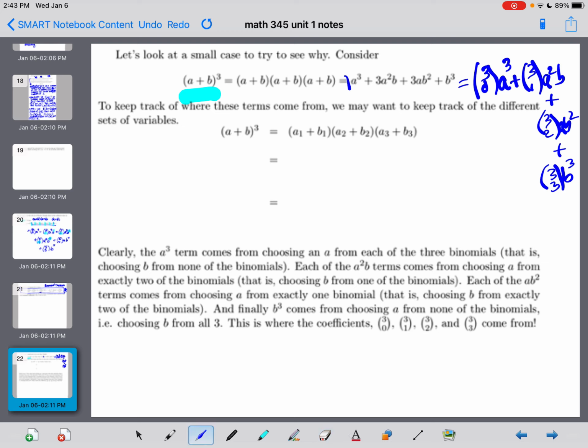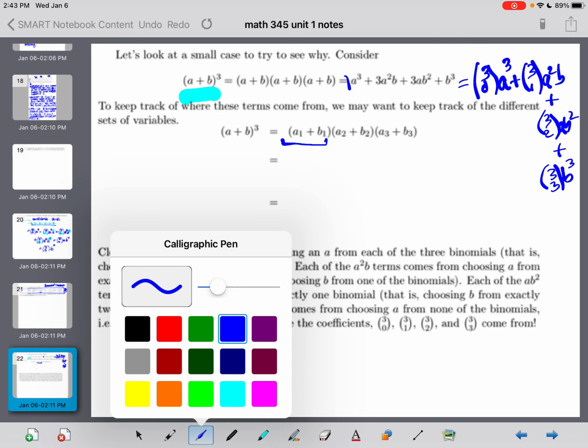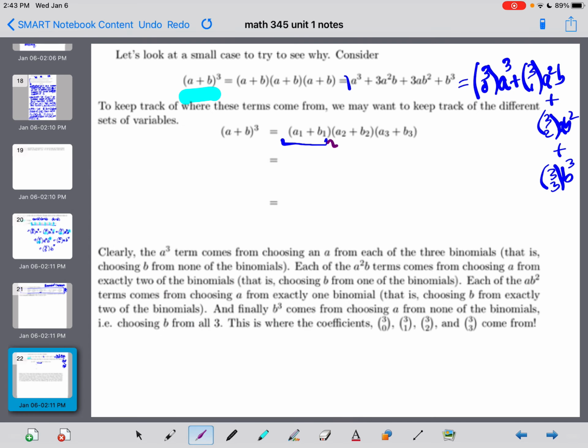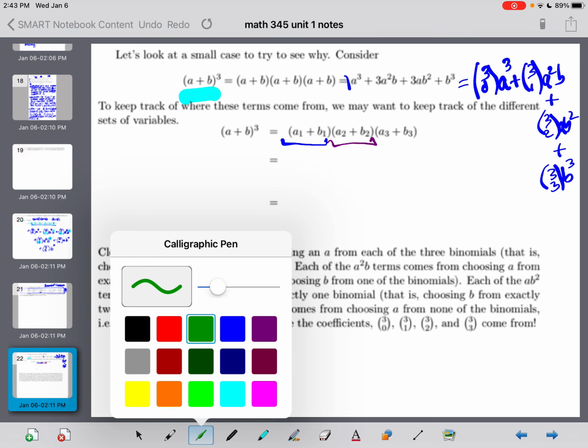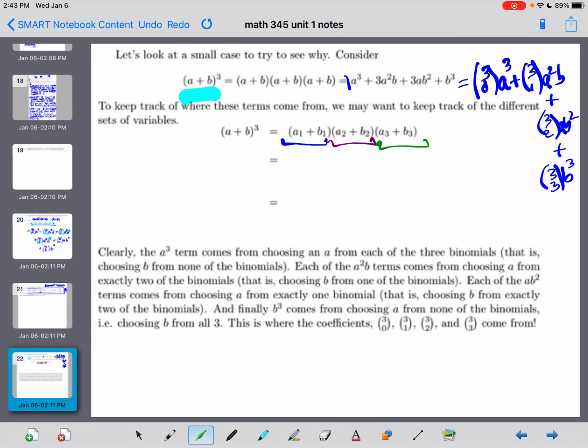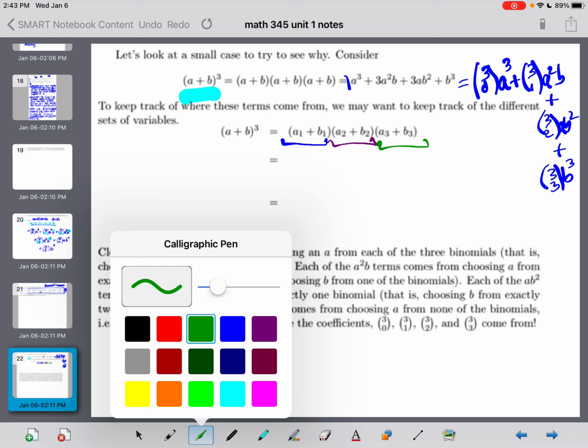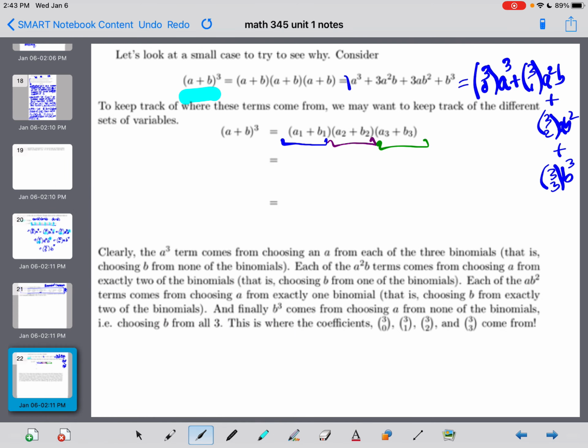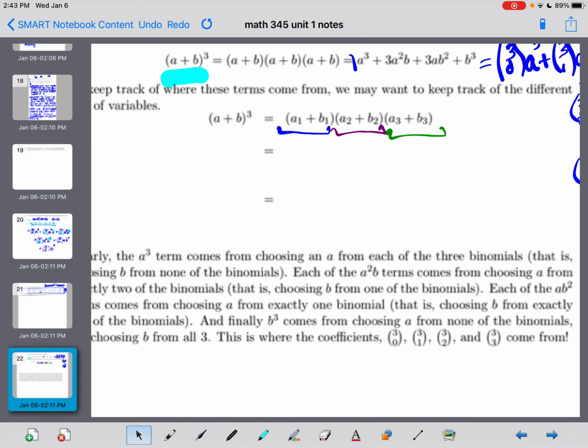Every term, when we expand this out, is going to have one term chosen from the first set of parentheses, one term chosen from the second set of parentheses, and one term chosen from the third set of parentheses. So you'll get, for instance, a1, a2, a3, if you multiply each of the a's together.